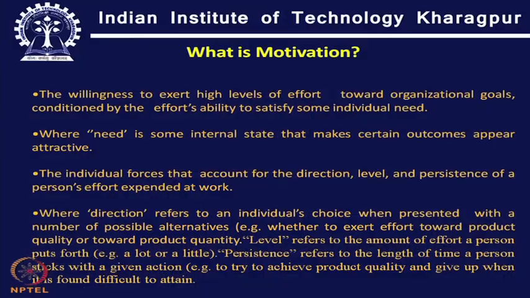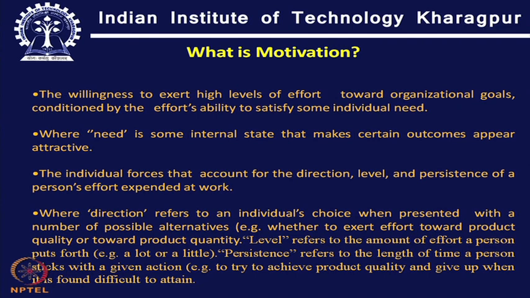So, there are three important terms connected to the concept of motivation. First, direction, second, level, third is persistence. Direction refers to an individual's choice when presented with a number of possible alternatives. Example, whether to exert effort towards product quality or towards product quantity.